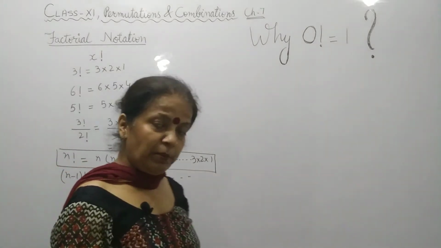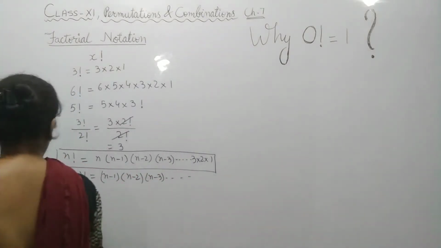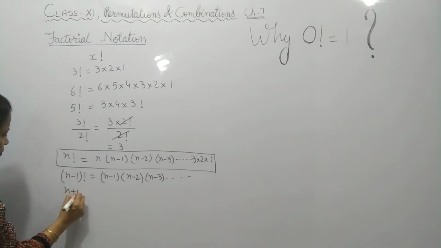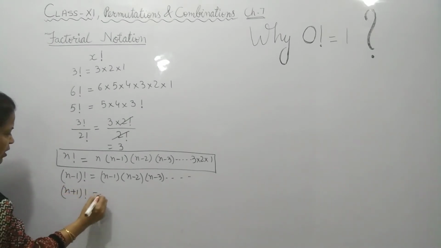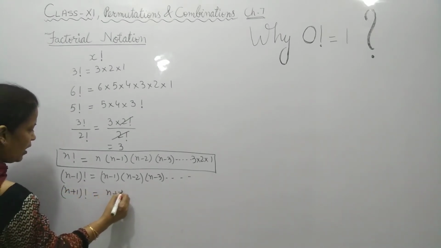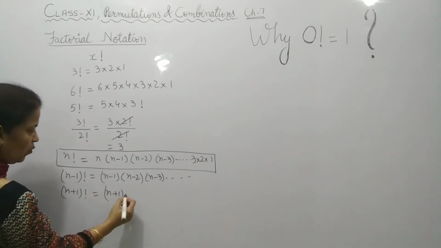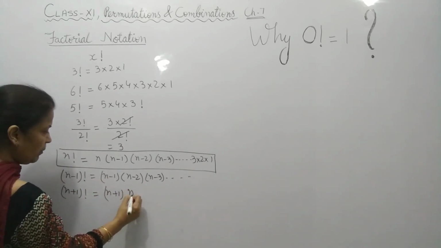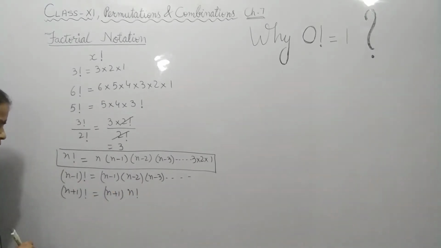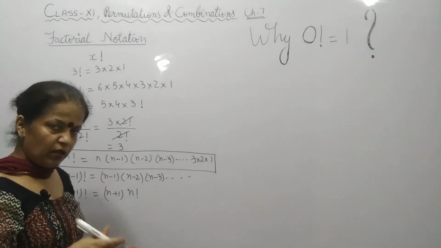In the same way, n plus 1 factorial. How can you write it? N plus 1 factorial, you can write it as n plus 1, then one less, so it will be n factorial. Like this also you can write it, one keeps decreasing.